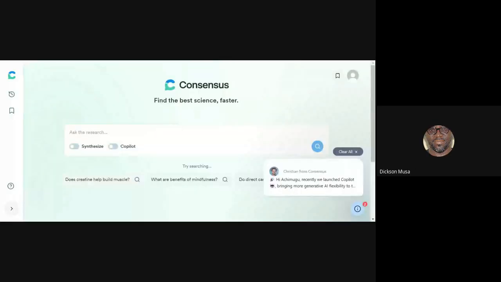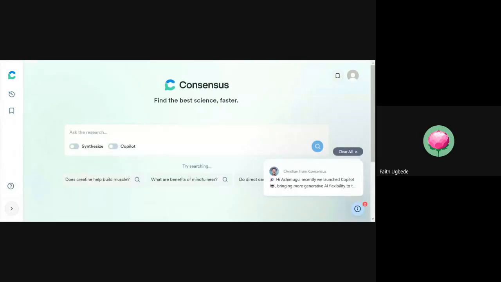I will stop sharing this one and share mine. Have you all opened your Consensus? Yes, sir. Let me go to Consensus now and share. Are you all somewhere here? Can you see my screen?